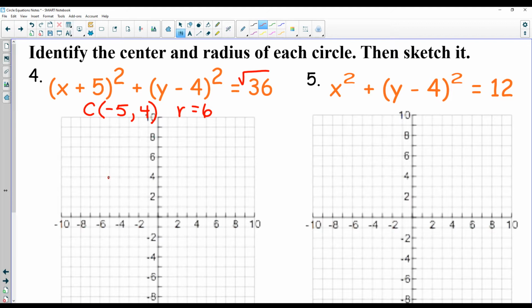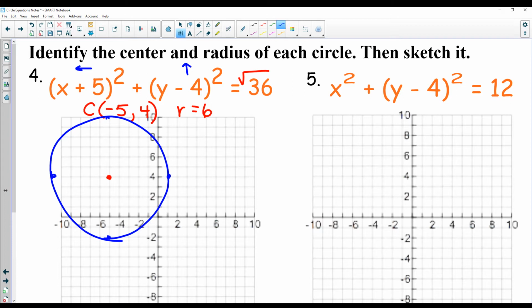Up 4. That should make sense because this would mean go to the left 5. This would mean go up 4. And then a radius of 6. Okay? And then to sketch it, you just draw the best circle that you can to hit all those points. Not too shabby.